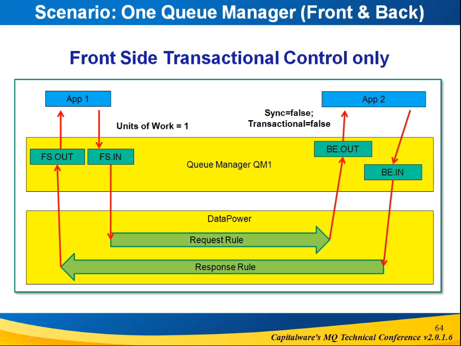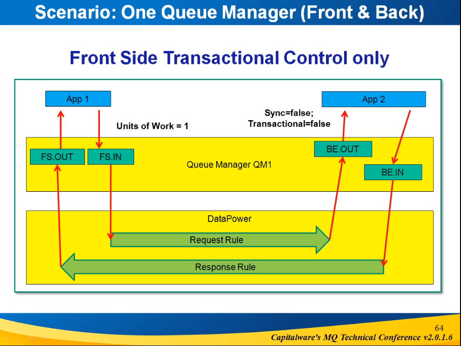The message gets passed through the request rule, gets to the back end successfully, gets put onto be.out. However, remember that the queue manager, QM1, sees the DataPower box as a single entity, as a single application. Therefore, it considers the same unit of work to still be open and still be outstanding.